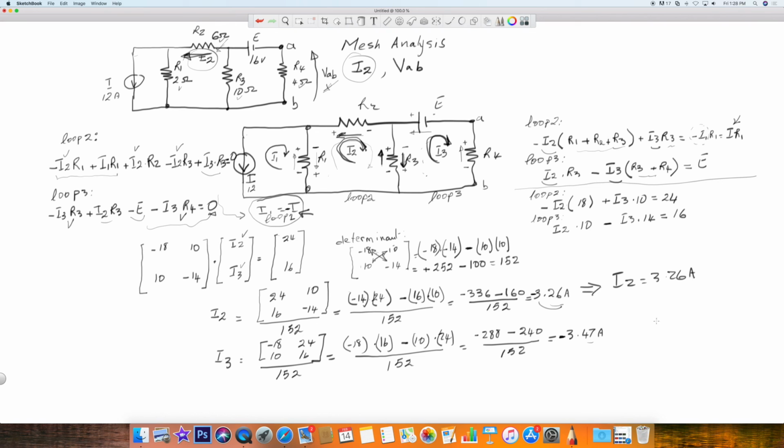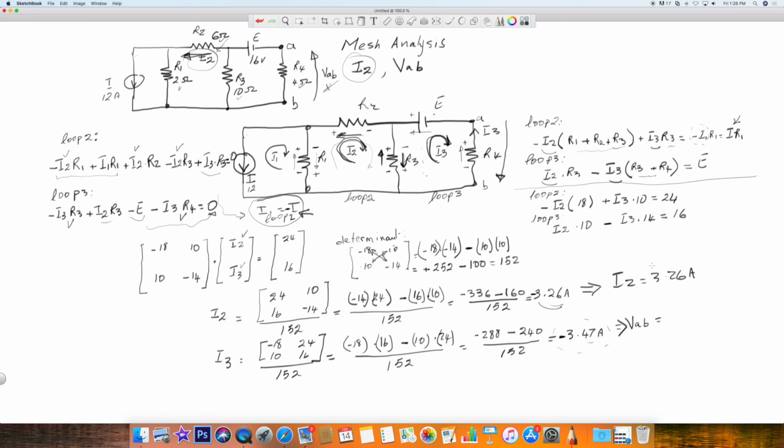How about VAB? Well, seeing the current direction is negative, and I was going this way, that means the actual current I3 is heading this way, which means VAB is really negative, and it should be heading this way. So this implies that VAB is going to be equal to minus I3, or in my case, the absolute value of I3.